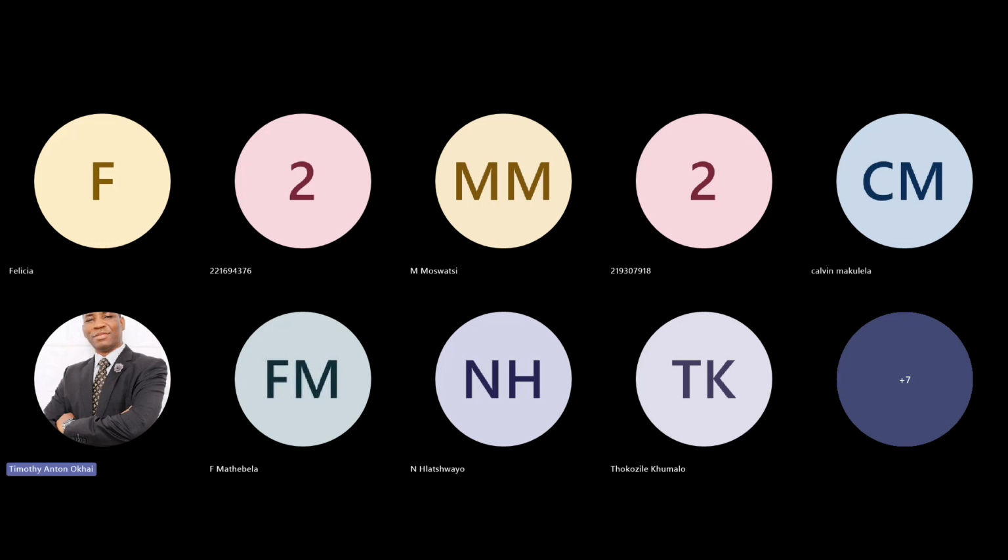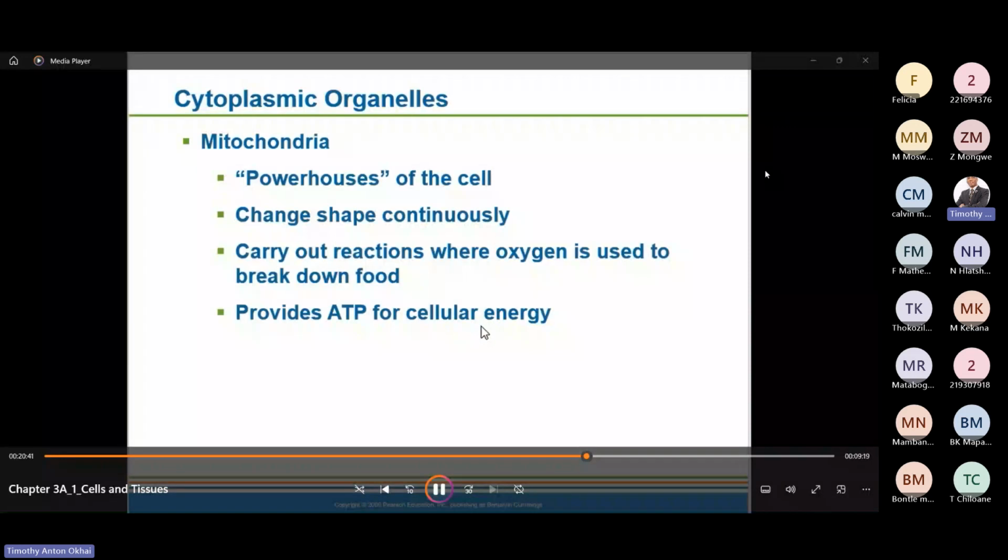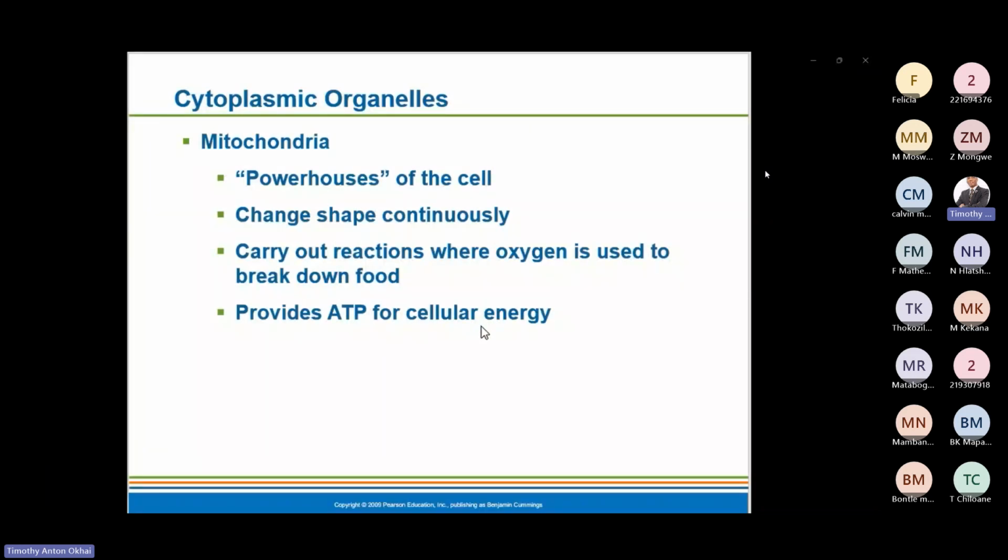The cell membrane. There are also microtubules. And there are all sorts of organelles, and we're going to look at those organelles and the different functions. Let's start with the mitochondria. The mitochondria is regarded as the powerhouse of the cell.